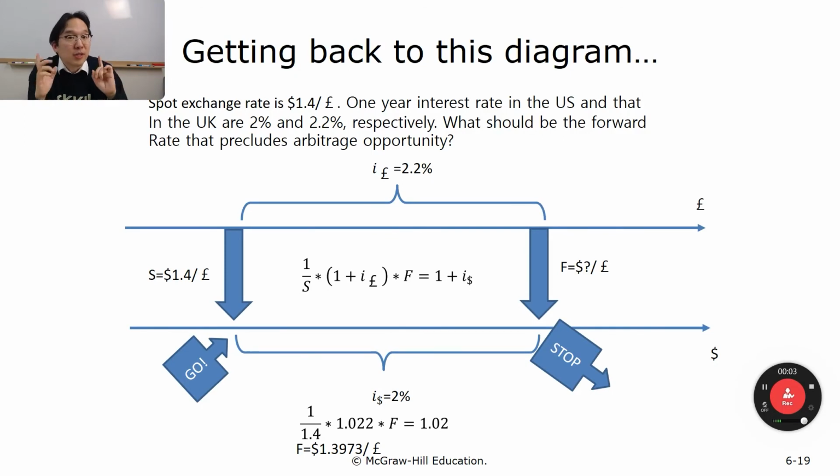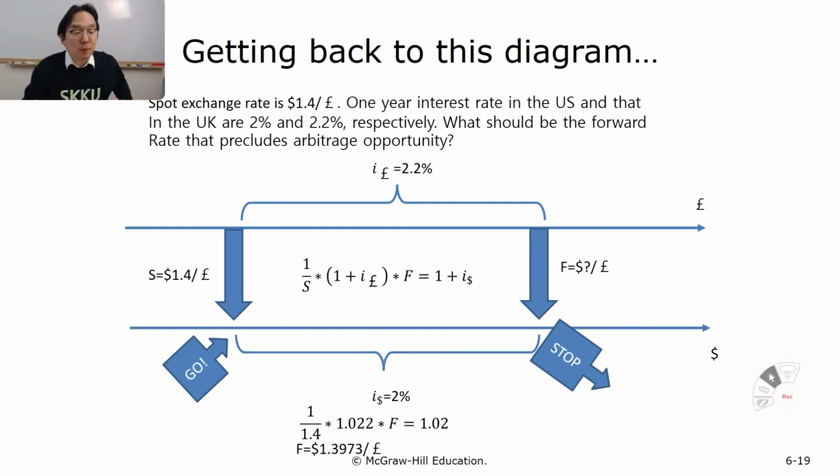Okay, so getting back to this diagram between the US dollar and British pound, we want to get some intuition about the forward rate and spot rate relations with respect to the interest rate differentials between two different currencies, right? Because of equilibrium relations, what should hold, right? Let's do it.